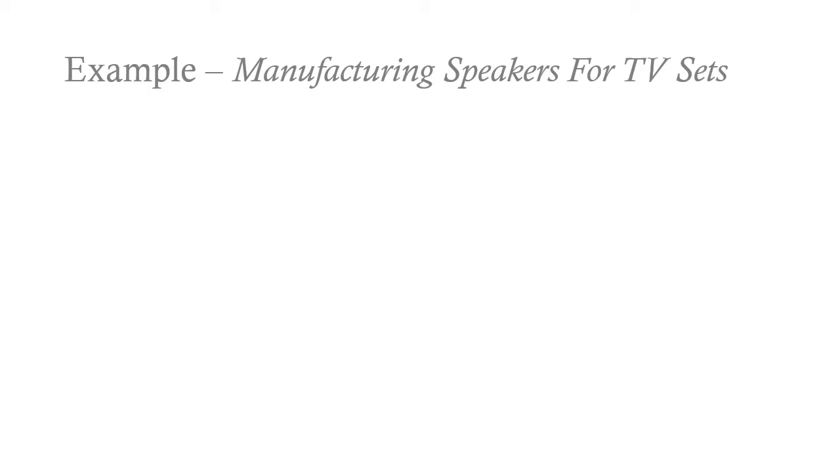Let us solve an example based on this model, and we will again consider the same example that we saw in the very first video of this unit. In that example, there was a manufacturer of TV sets, and this manufacturer also produced the speakers required for the TV sets. The manufacturer was confronted with the problem of how many speakers to produce and after how much amount of time.